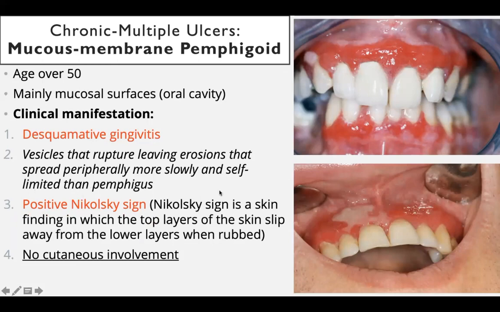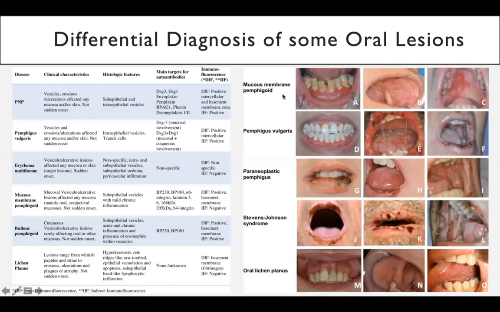So after 4 months there is no cutaneous involvement because it is self-limited and has healed, the body has developed the proper immune response against it, and there will be no cutaneous involvement in the future. And this was another differentiation where we were just focused on pemphigus vulgaris and mucous membrane pemphigoid, these two.